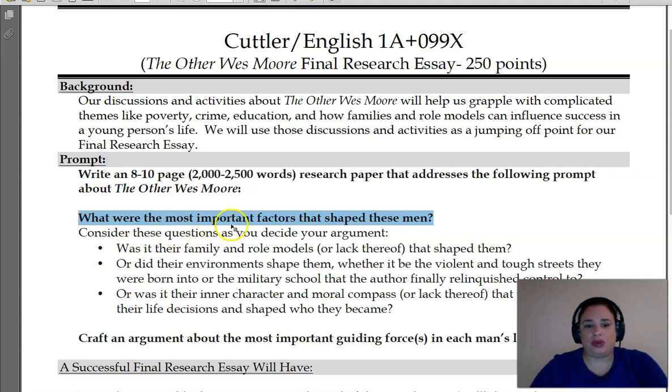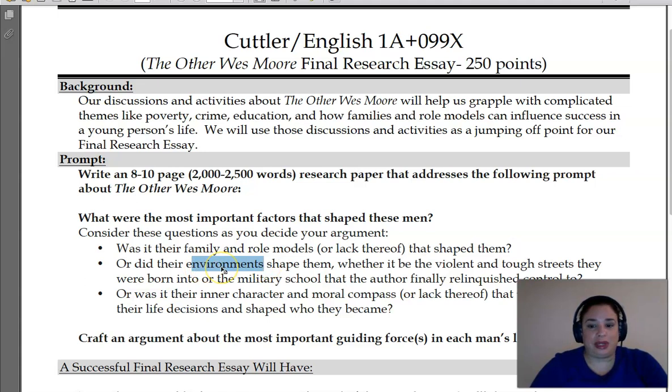What were the most important factors that shaped these men? And so here are the different themes or factors that I want you to start playing around with. It could be family. Do you think that was the most important factor? Role models. Environment.